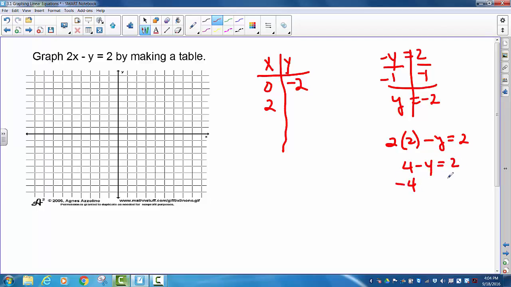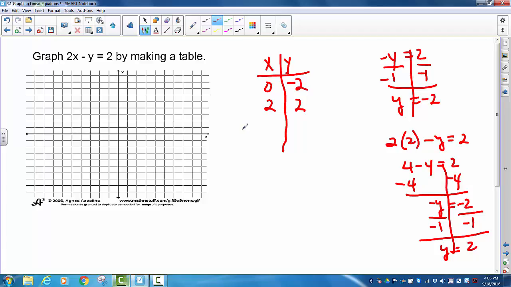Minus 4 on both sides. That gives you -y equals -2. Divide by -1 on both sides. And that gives you y equals 2. And let's try a negative number, -2.